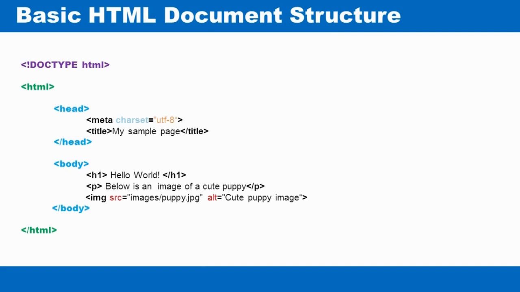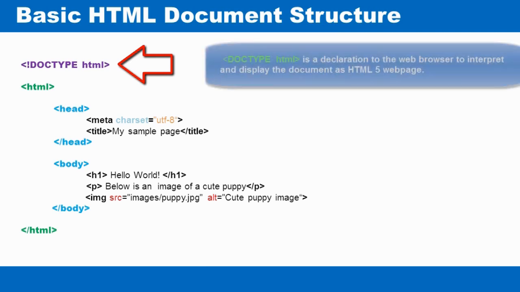I'll start with the doctype. The doctype is what is called a declaration. It must be the very first thing in your HTML document before the HTML tag. The doctype declaration is not an HTML tag.